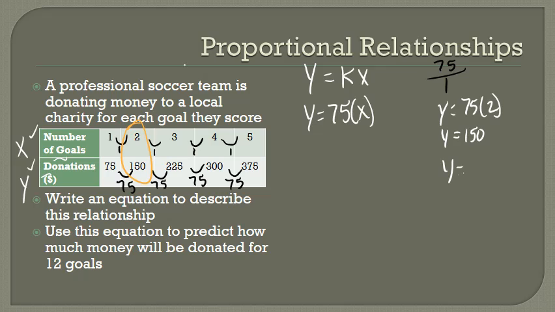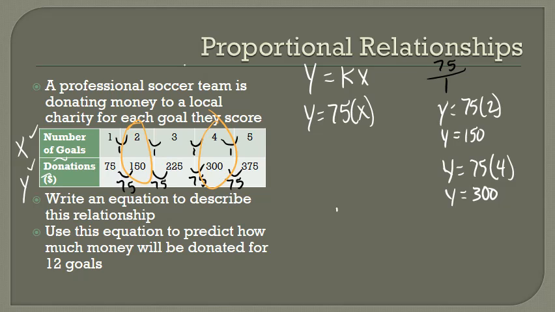What does y equal when x is 4? Well, I plug in 4 for x. I know that 2 times 75 is 150, so 4 must be twice as much as that, so y would equal 300. And I go back to my table, and I see, yes, in fact, when x is 4, y is 300. So I'm pretty well satisfied that my equation, y equals 75x, is going to give me what the data represents.